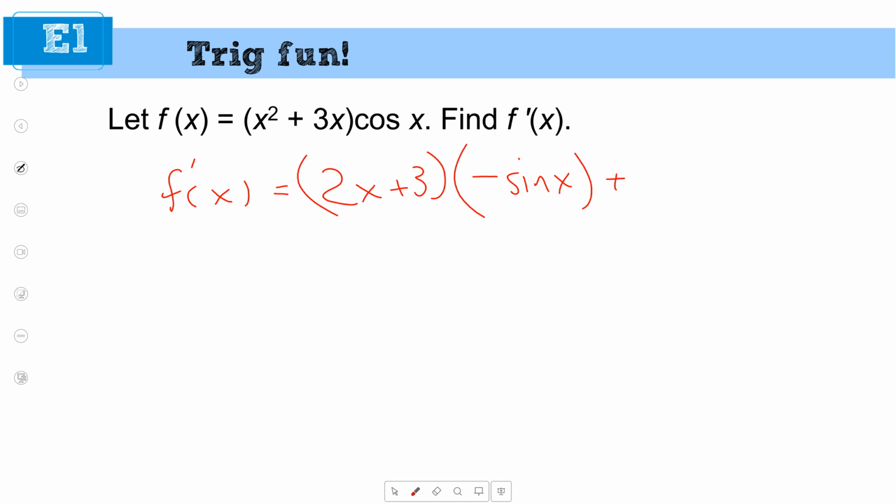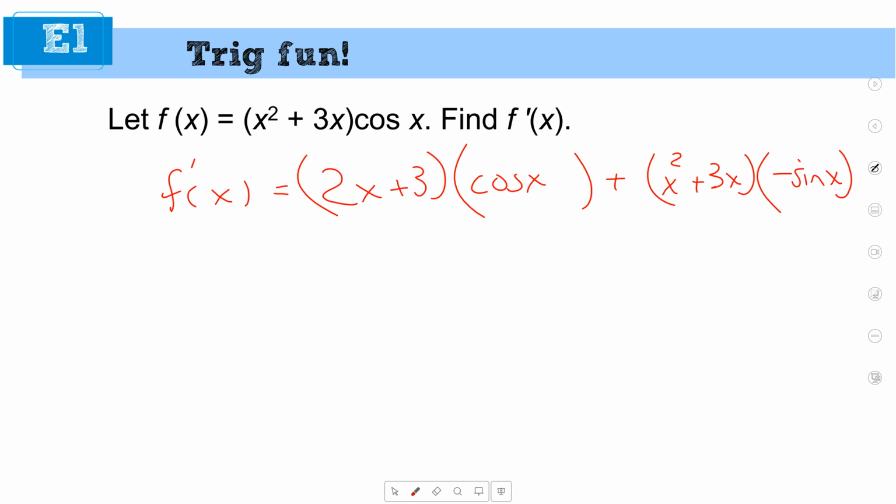Boom. Plus x squared plus, no, I did that wrong. Sorry, had too much caffeine. That's a cosine there. Then I get the x squared plus 3x times negative sine x. Be aware of my parentheses there. Don't write it as x squared minus 3x minus sine x without parentheses, because otherwise it becomes a minus sign.